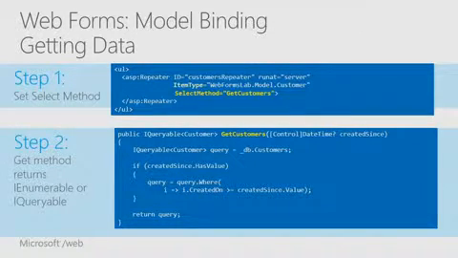Secondly, there's support for model binding. The way that you get data and update data is really nice. So instead of setting properties when the page loads, like my data grid.DataSource equals this, or my name equals txtName.Text, you're actually using methods.